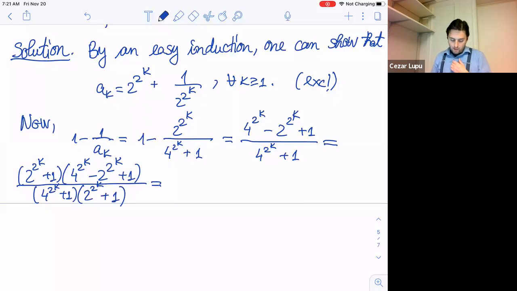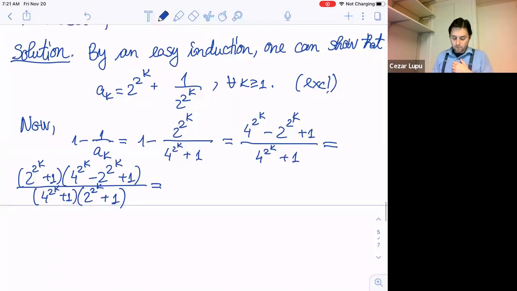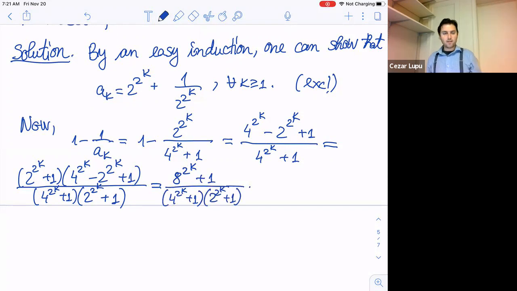Which will give us, since I have the cube formula, a^(2^k) + 1 over this guy, 4^(2^k) + 1 times 2^(2^k) + 1. All right, finally, so we can write it in this form.